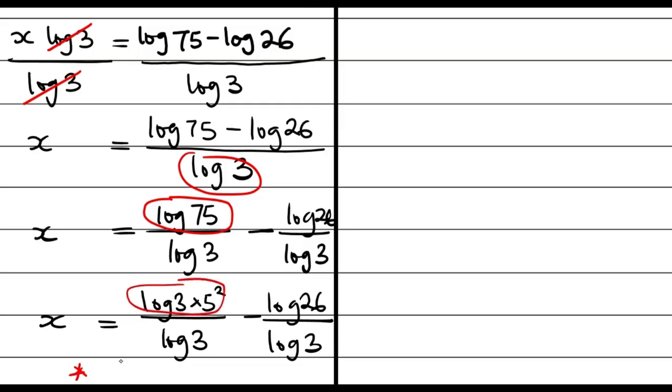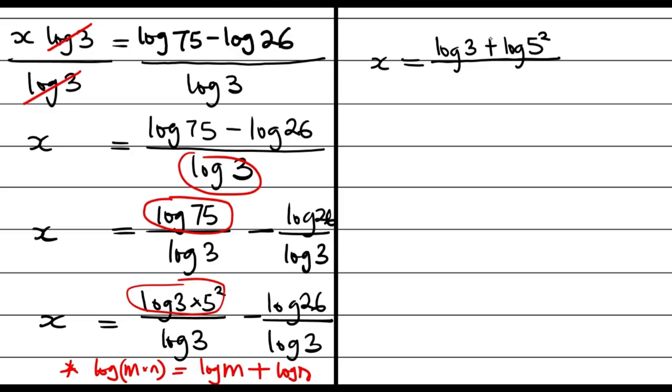It says if I have log of m multiplied by n, this can be written as log of m plus log of n. Applying this carefully, I have log 3 plus log 5 raised to the power of 2 over log 3, then minus log 26 over log 3.